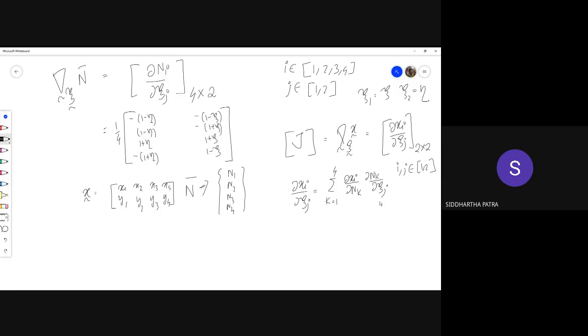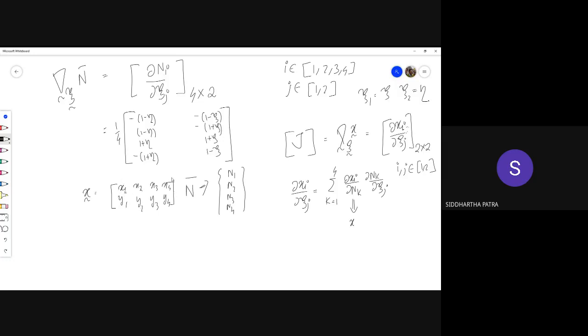So what is the meaning of this? Please don't confuse this index with this index over here. This index is for representing the type of coordinate. These are not nodal coordinates; these are, by the way, the nodal coordinates, and they are constants for an element.